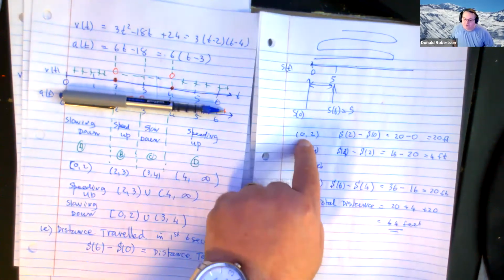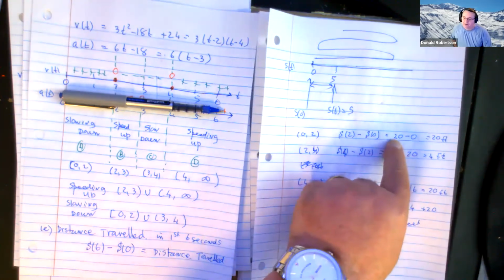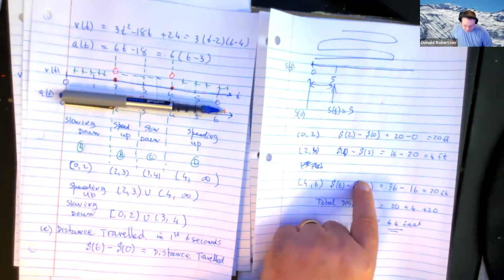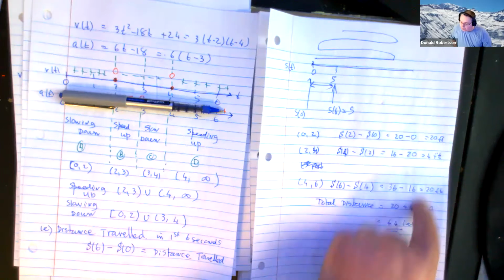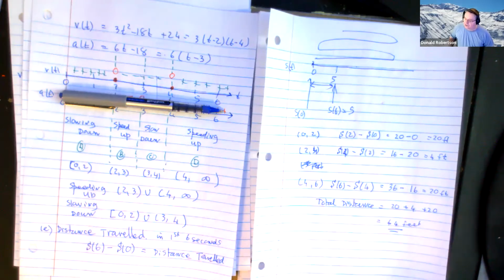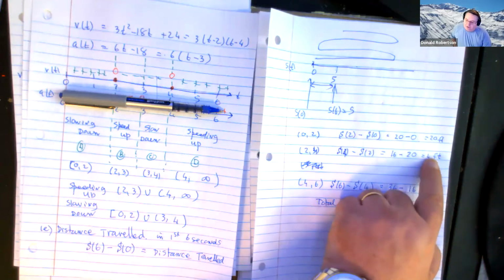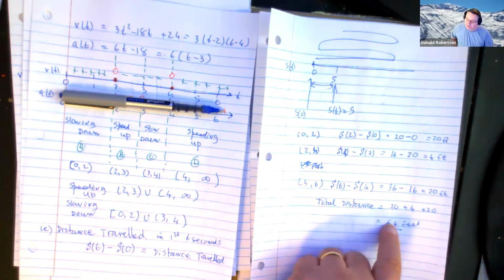For each of these intervals, find the position at the beginning and at the end, and subtract them. Don't care if the answer is positive or negative, make them all positive, right? Because it's a distance. We're not interested in direction anymore. So that was 20 feet of movement. That says -4, but that counts as 4 feet of movement. And that's another 20. Add them together, you're done.